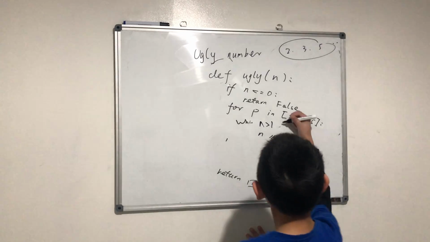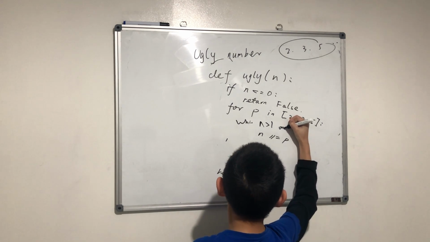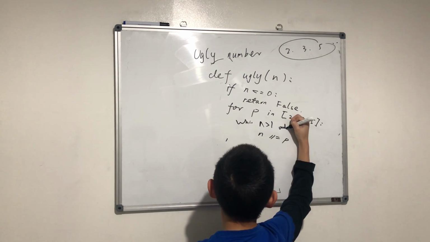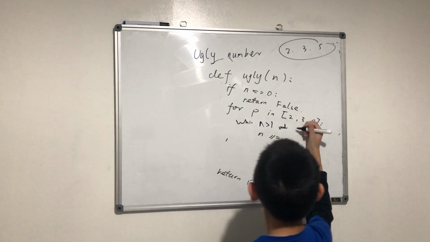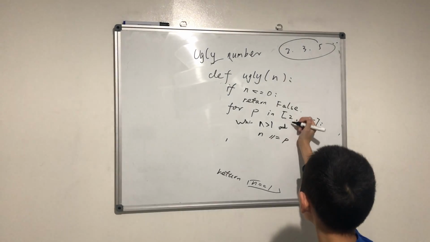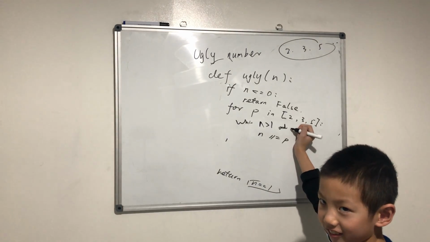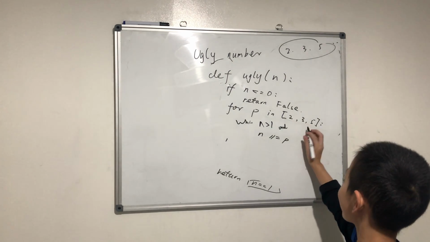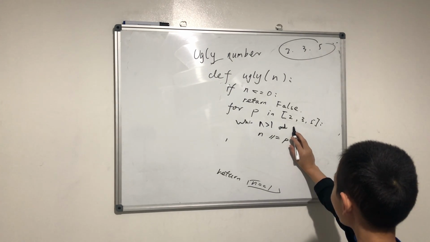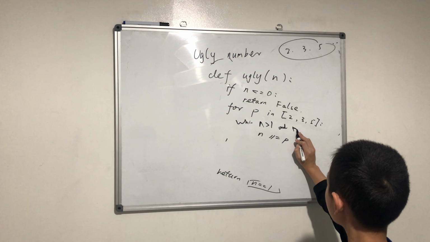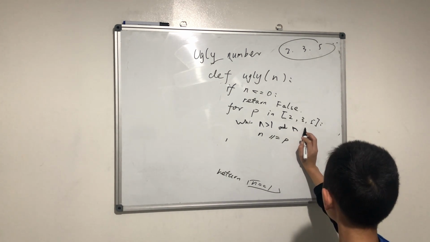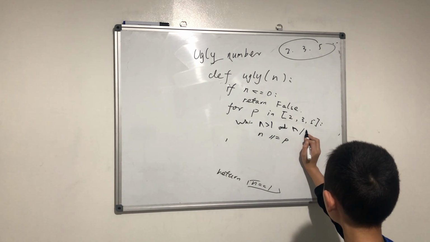And what? We're checking if this number n can be divided by p, right? So how do we do this? And n equals 1 and n can be divided by p. How do you check if it can be divided by p?